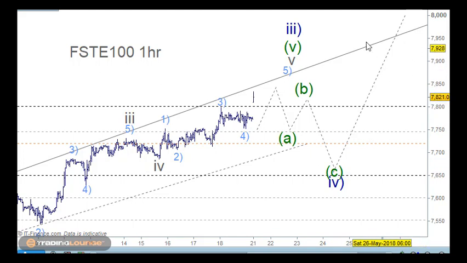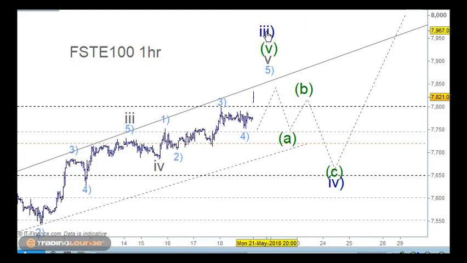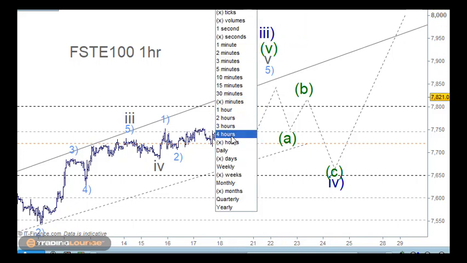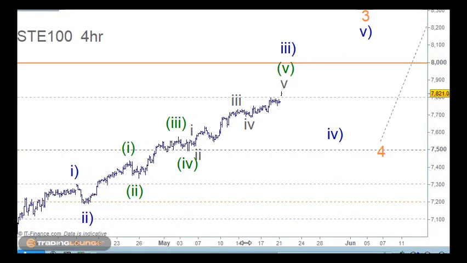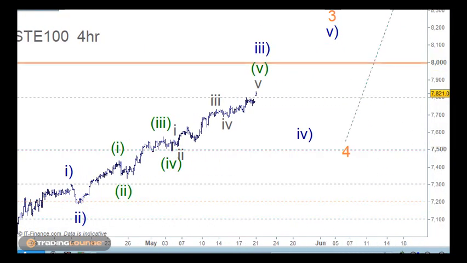So I think it's okay to have this in play, so to speak, having a different count here. If I go to maybe the 4-hour chart, we'll see that bigger count come into play, which is this one here. So when we get up to here somewhere, we'll see this ABC here for this one, and then up to here.